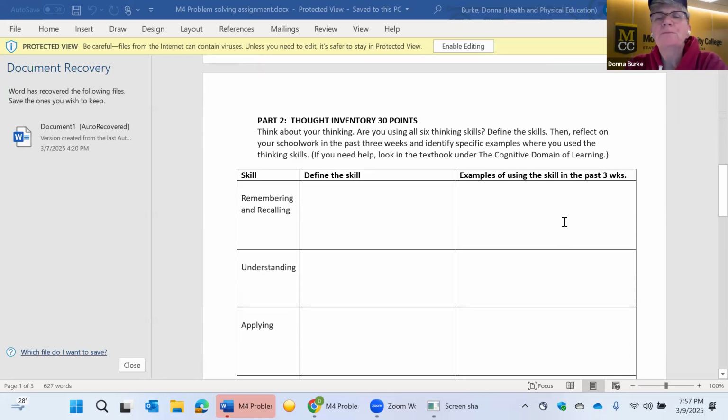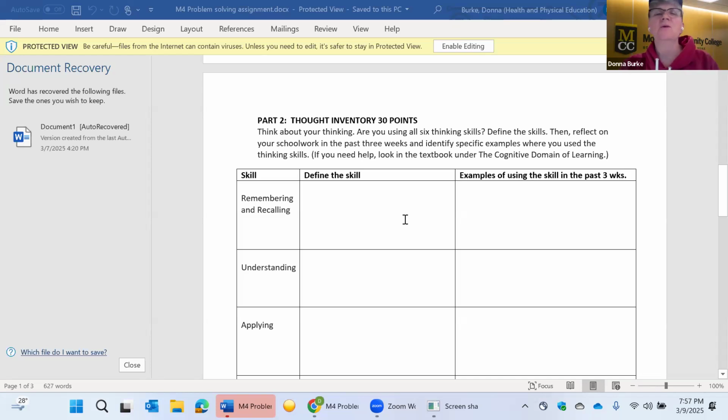In part 2, you're going to think about how you think, using all of the thinking skills. We want you to define what each skill is and give examples of how you've used it in the past 3 weeks. Take remembering and recalling.